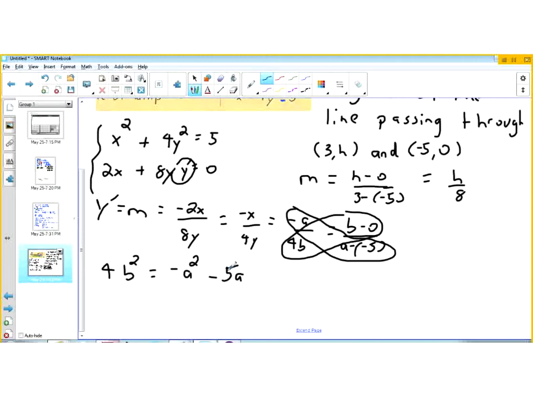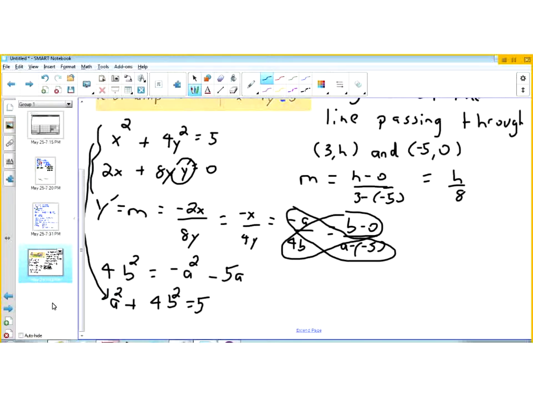All right, so what else do we have? Okay. We also have the equation. We also know that a squared plus 4b squared is equal to 5.